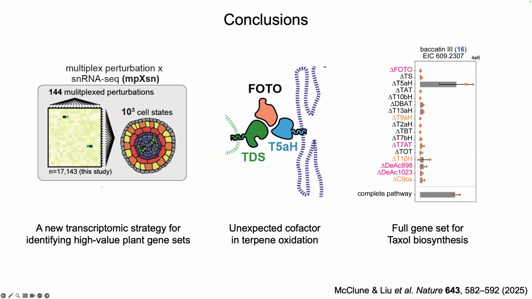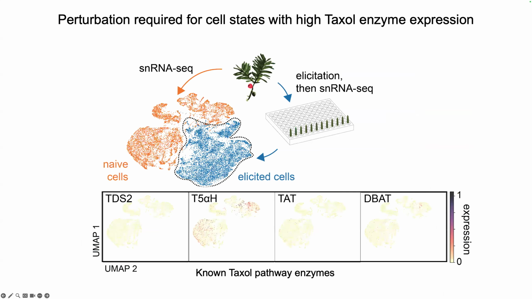Let me pull up a slide. We actually did a bunch of single cell RNA sequencing at the beginning of this project, hoping that that alone would be sufficient to reveal the pathway just by eliminating some cell type involved in production of Taxol. And we saw really low expression of a bunch of the genes that we knew were important.